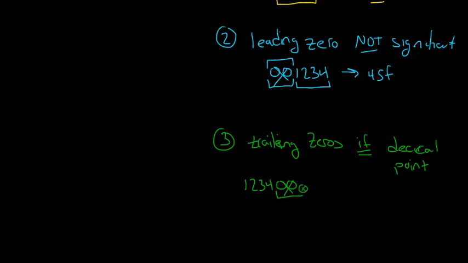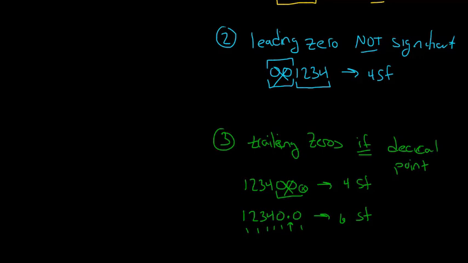There's no decimal here, therefore these 2 zeros are not significant. So this has 4 sig figs. If I have a number like 1234.00, now both of these zeros are significant because I show the decimal. So this now has 1, 2, 3, 4, 5, 6 significant digits.